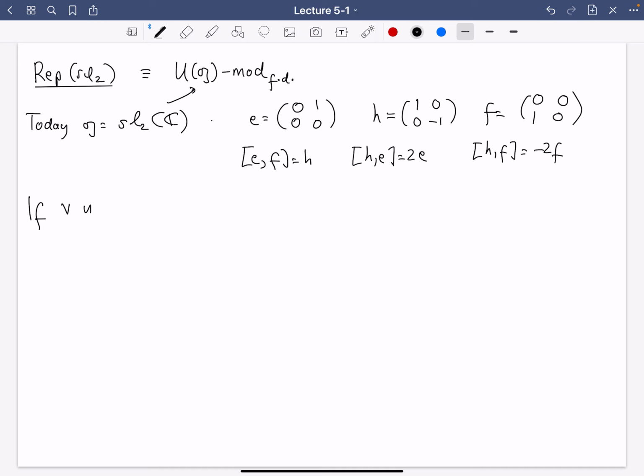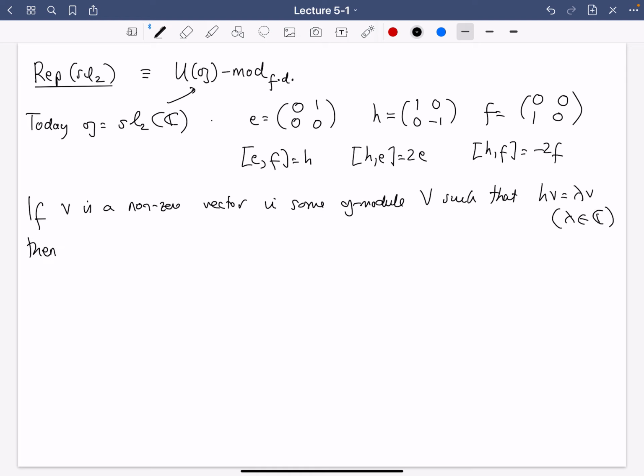If V is a non-zero vector in some G module such that HV is lambda V, where lambda could be any complex number, then EV and FV satisfy the following.